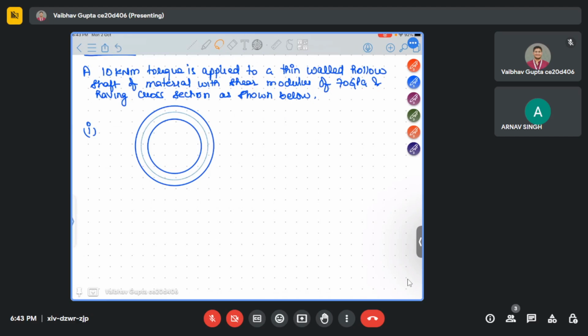So we want to know the mean radius or mean distance. Anywhere the thin wall is given to you, the mean radius or the mean distance has been provided. Suppose this is a hollow circular cylinder.